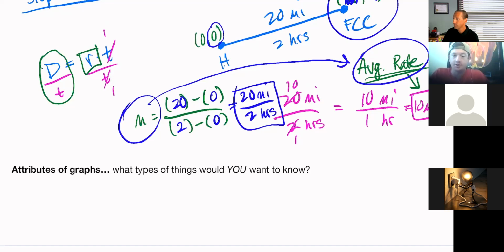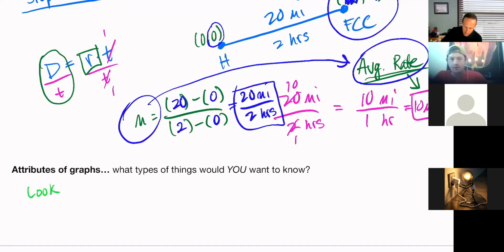A couple points on there would be nice. For sure. Like the whole shape, right? That'd be awesome. What else? Input and output values. For sure. Domain and range.